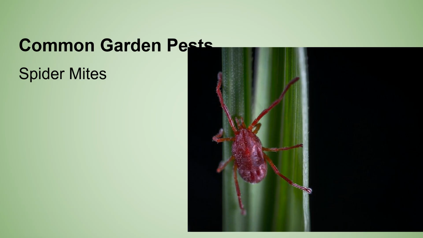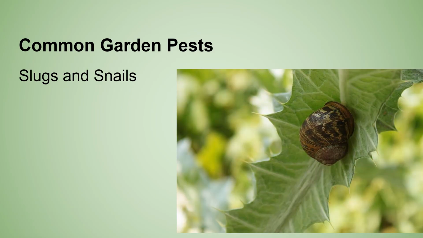Another one is the spider mites, and this one will suck the sap of your plants, the juicy part of the leaves that the plant needs, and then the overall yield will be affected. Then we have slugs and snails.